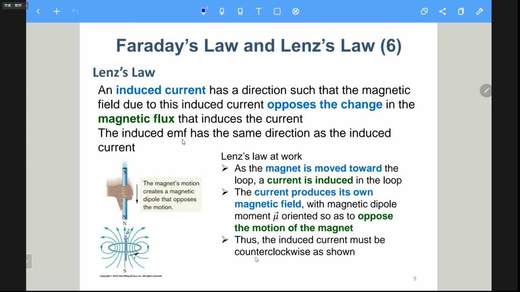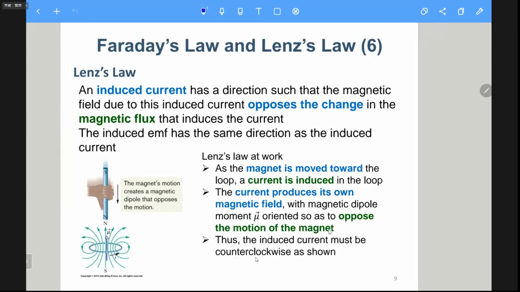So the induced EMF has the same direction as the induced current. So the Lenz's law at work: as the magnet is moved towards the loop, a current is induced in the loop. Previously, we already mentioned the two experiments. The current produces its own magnetic field.